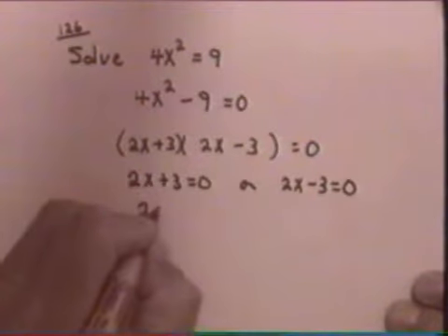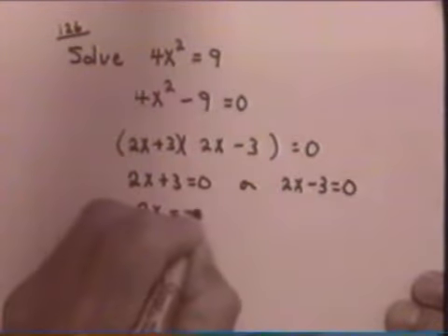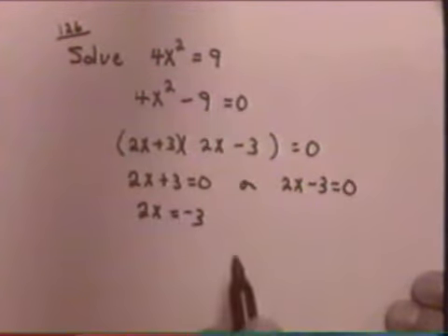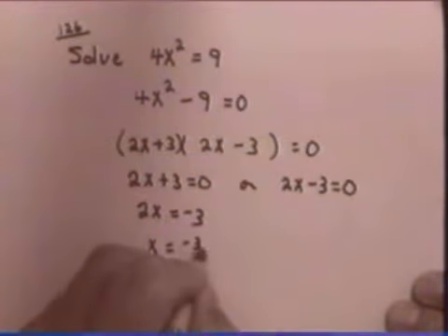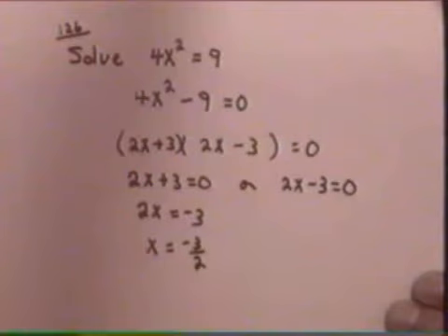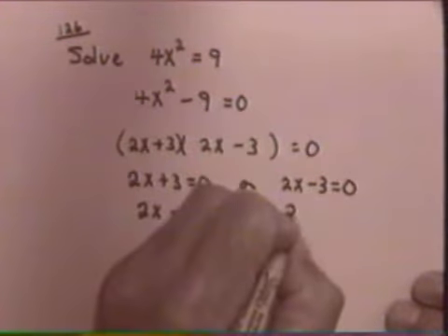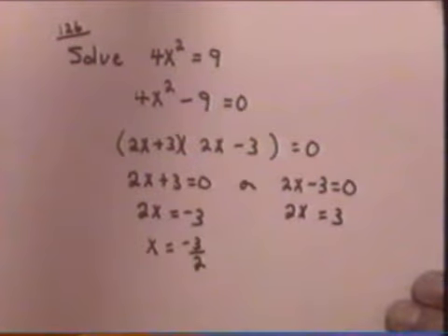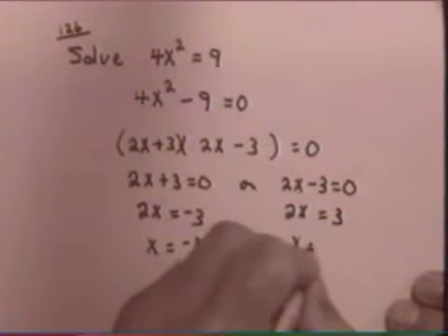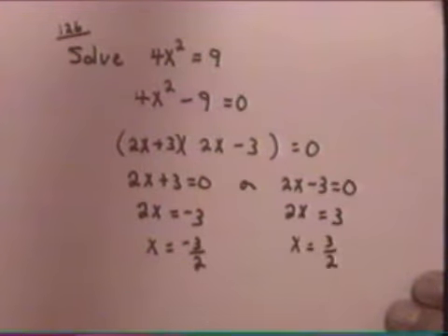This gives me 2x is equal to a negative 3 when I add a negative 3 to both sides, or x is equal to a negative 3/2 when I divide both sides by 2. For this one, I get 2x is equal to a positive 3 when I add 3 to both sides, or I get x is equal to 3/2 when I divide both sides by 2.